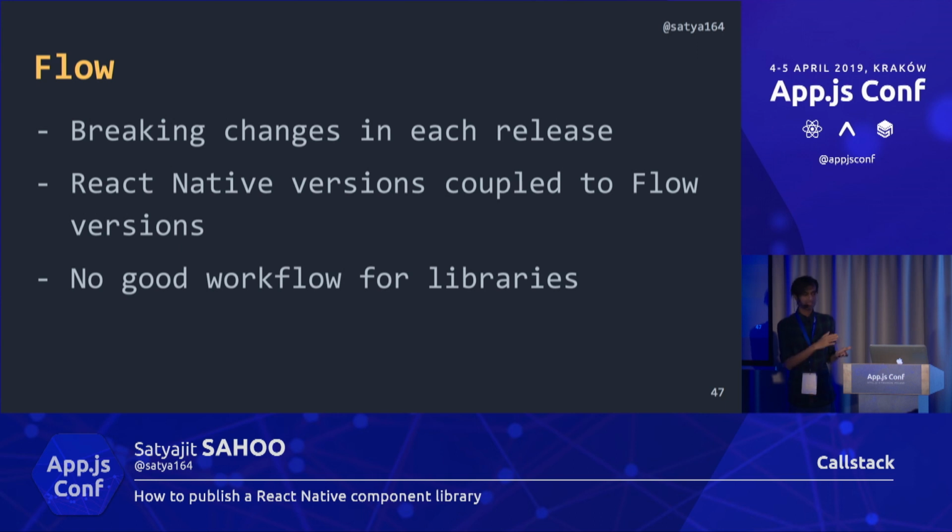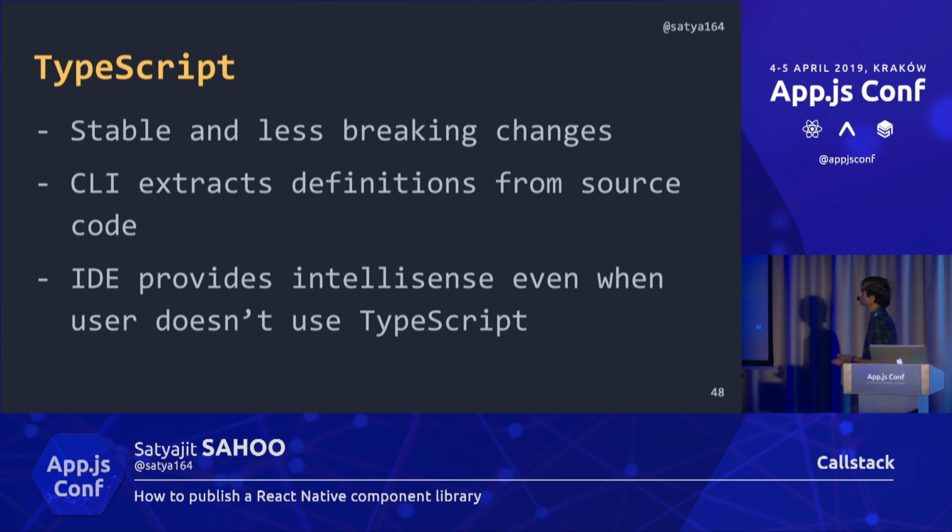You have to change your library, and it's very flaky. Whereas TypeScript is stable, there are very few breaking changes. There is a good workflow for libraries, like the CLI. It can extract definitions. And even if the user does not use TypeScript, an IDE like VS Code can see the definition in your code and provide autocompletion. So it's always good, right?